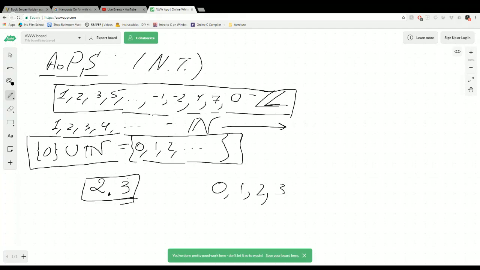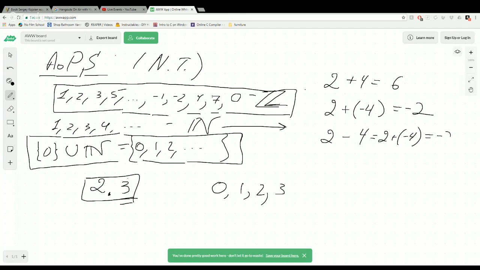Now we can, of course, make new integers out of other integers. We have operations for that. If I have 2, I can add 4 to it and get another integer, right? If I have -4, -4 is also an integer, and I add them and I get -2. I can take 2 and subtract 4. Well, you say subtraction is, of course, addition, and this is the same thing.